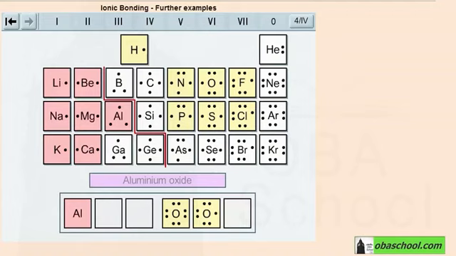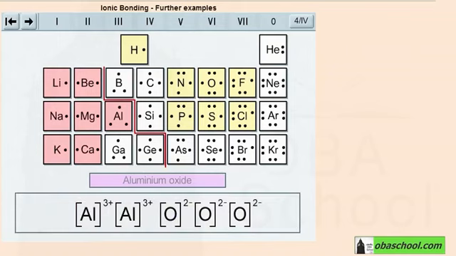However, the second oxygen does not have a full octet, so we will use another aluminium atom to transfer an electron to the oxygen atom. The aluminium has 2 more electrons, so we take a third oxygen atom, and the 2 electrons from aluminium will be transferred to the oxygen atom.